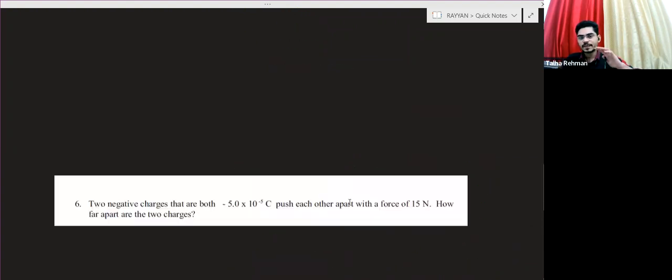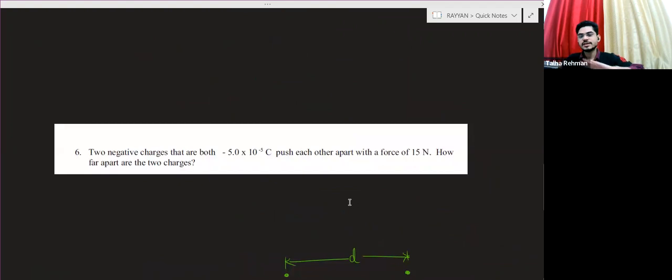So in all your questions, air is the medium. Why? Because if nothing is given in the question, we will assume air is the medium between the two charges.